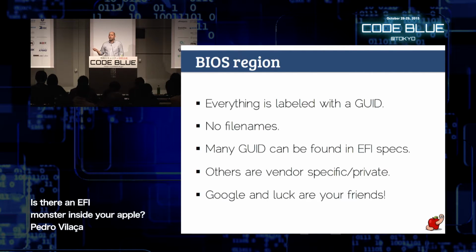Some manufacturers publish their GUIDs; others keep them private, and only by reverse engineering do you know their contents. So Google and some luck are your friends in this case. If you Google and it gives some hits, it will save you reverse engineering work. If not, you have to load IDA and fix things yourself.